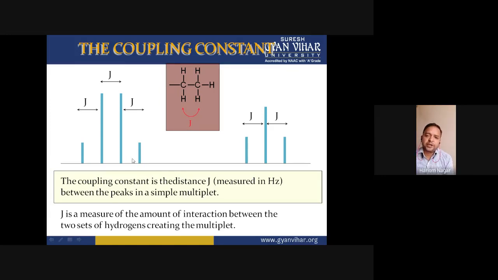Either these are completely anti-clockwise or completely clockwise, or of the three protons, one is clockwise and two are anti-clockwise.